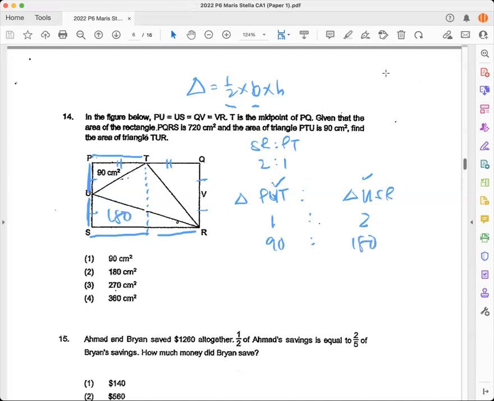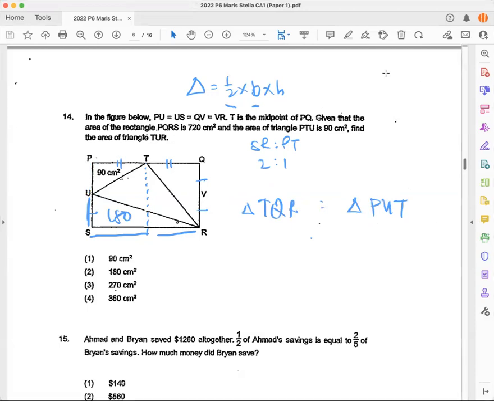All right. Now let me clear this. Now let's compare triangle TQR and triangle PUT. You will notice both of them have the same base.